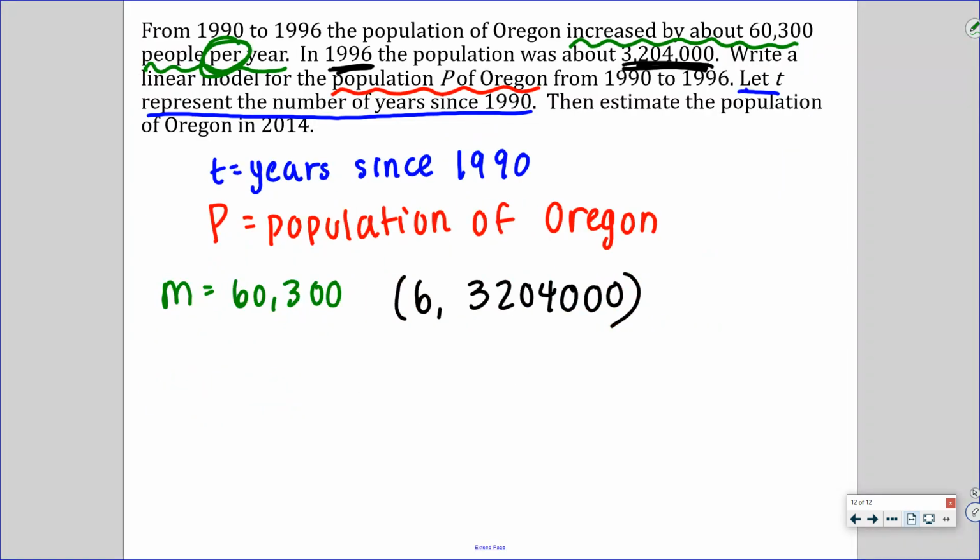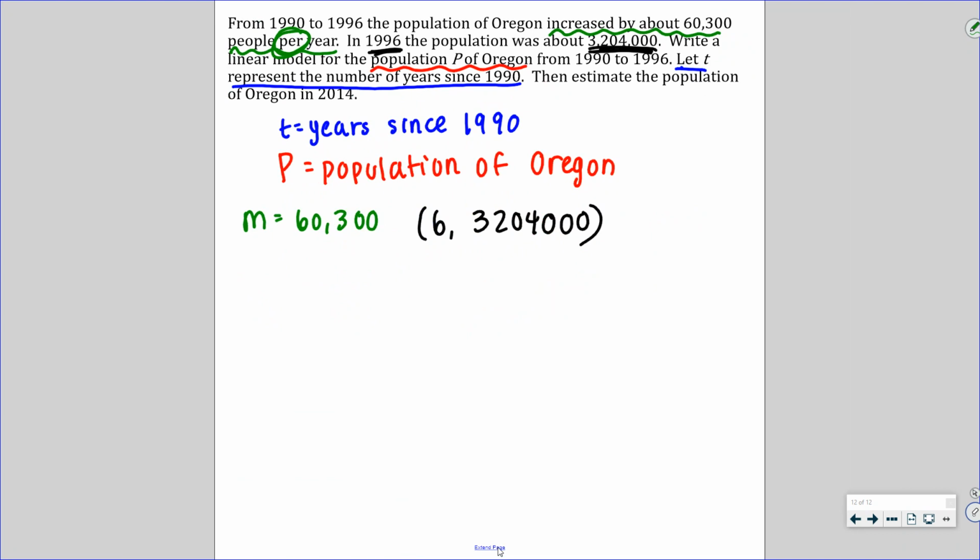So I'm going to have to use point slope form. We're going to have to do P minus P sub 1 equals m times T minus T sub 1. So we keep the capital P, keep the capital T. Now, I know what my slope is.